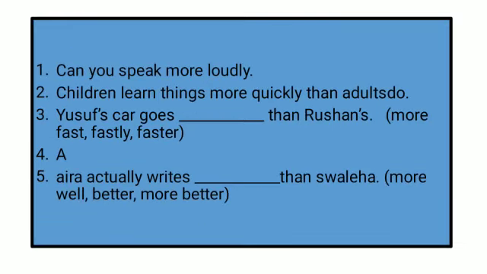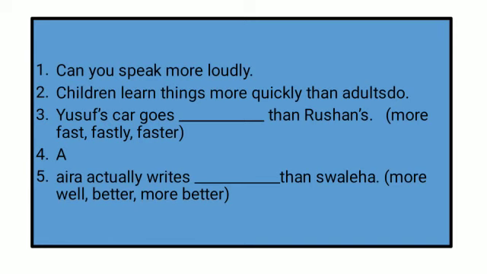Okay, beta. Now, let's see a few examples. The first one is: Can you speak more loudly? So here this word "more" has been added to the adverb "loudly" for making it comparative degree. That is modifying the verb "speak." Isn't it? It means more loudly in comparison to the way you are speaking at present.